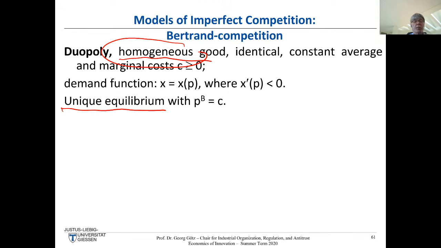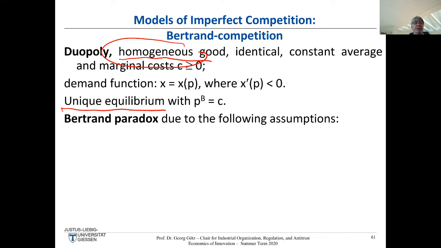Okay, so that's the Bertrand paradox. Of course, this is a very, very special kind of result, and it depends on a few assumptions, in particular on unlimited capacities. So in terms of, say, cement, it would hardly work because you have cement production capacities which are limited.